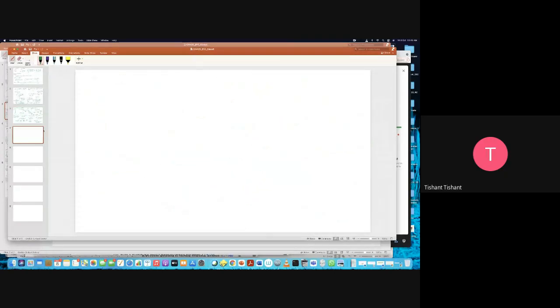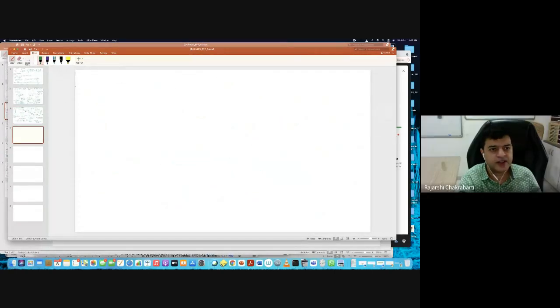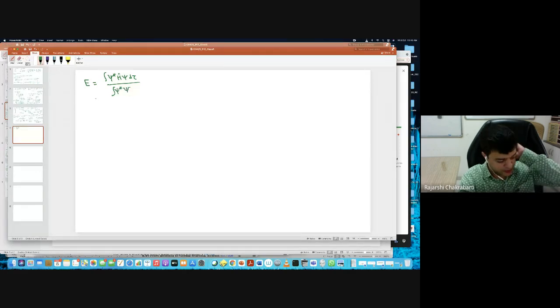So this energy E is given by the integral of psi star H psi d tau divided by the integral of psi star psi d tau. This is the exact expression. It is a nice expression, but useless.